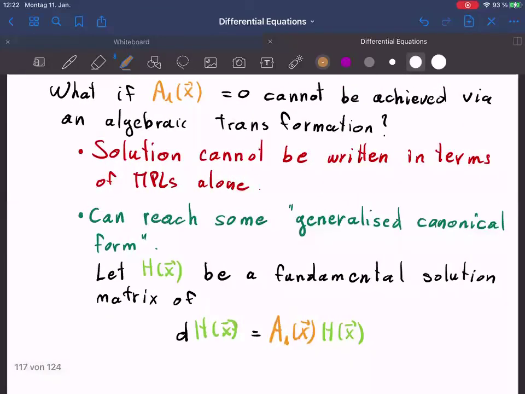So in that case, you can still reach some, call it a generalized canonical form. How does that work? Well, let's first consider the following equation. A1 was not 0, so let's consider the equation dH equals A1 H, where H is my unknown.